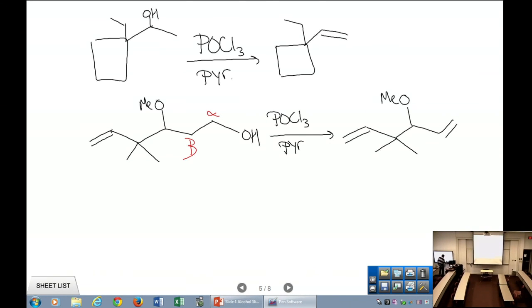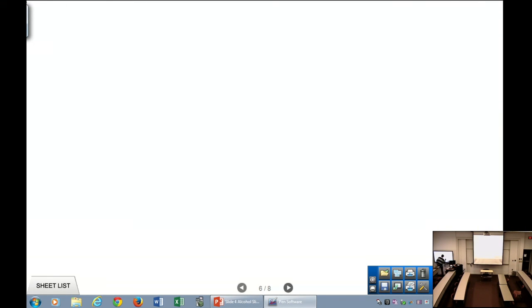Mechanistically, the mechanism here. POCl3. Oh, no, I'm sorry. I totally not the same reagent.